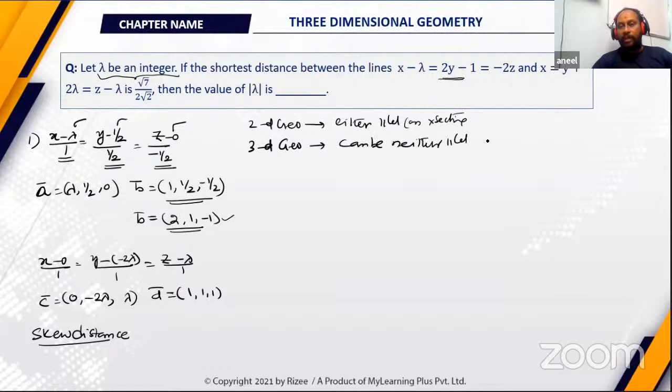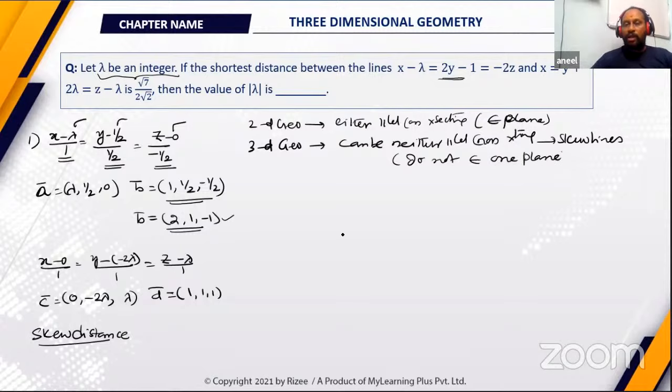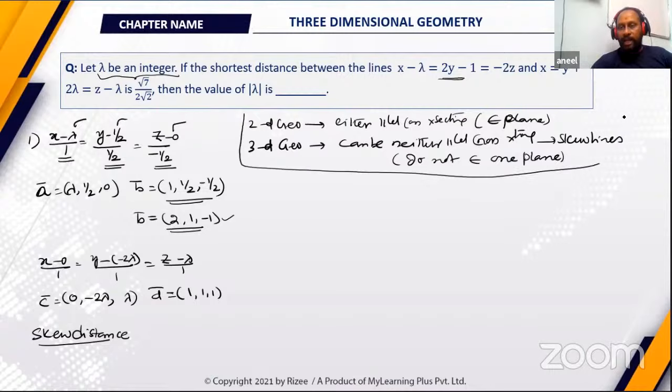Those are called skew lines. In two dimensions, they belong to one plane, but in three dimensions, they do not belong to one plane. They belong to different planes, so they are non-coplanar. This is one important concept which will be asked about skew lines.